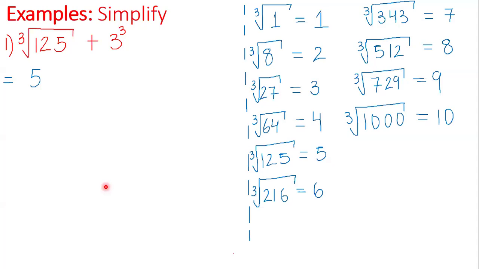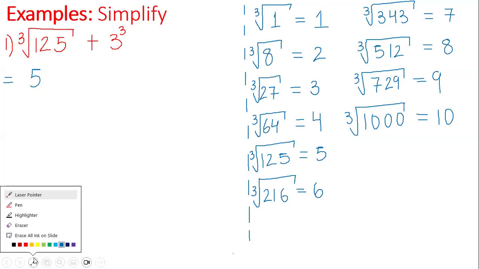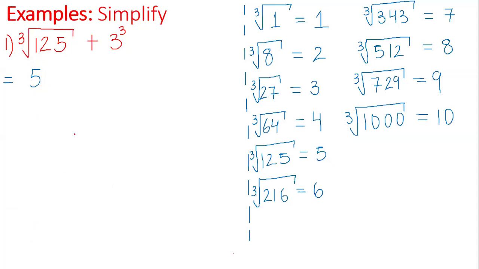Okay, let's go ahead and continue. So we said that the cube root of 125 is what? 5. Why? Because 5 times 5 times 5 is 125. Then we're going to add it to 27, the cube of 3. What is 3 cube, by the way?